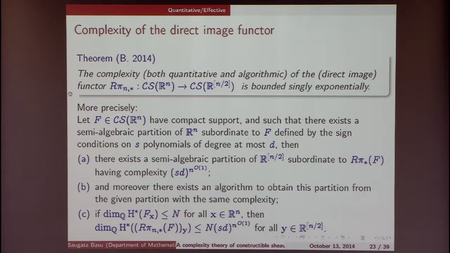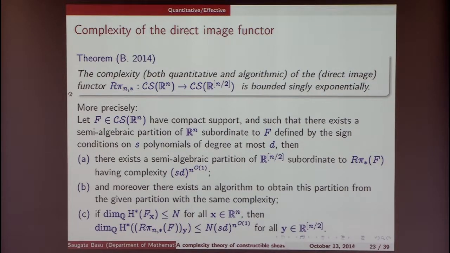So what I mean here is these three statements: if you are given a semi-algebraic partition which is subordinate to some sheaf, you can produce a partition which is subordinate to the direct image. But what do you need to know about F itself? For these two statements, you don't need to know anything other than the partition which is subordinate.